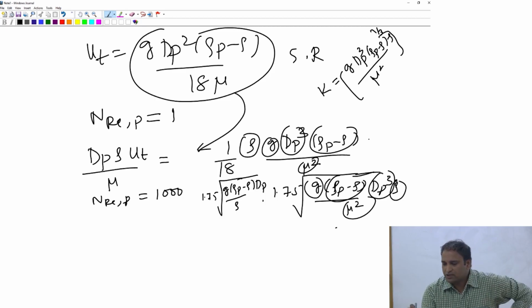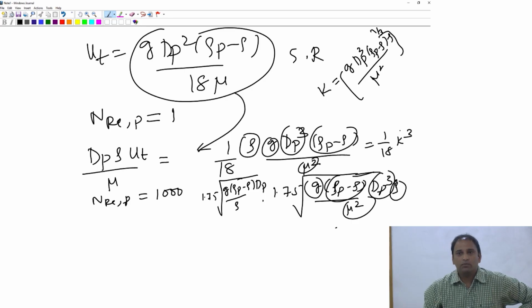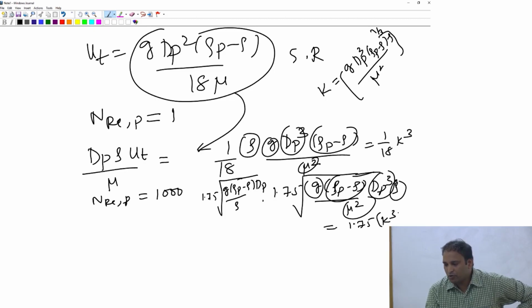So therefore, this is going to be 1/18 into k cube, and here it's going to be 1.75 into k cube to the power of 1.5. Is it okay?